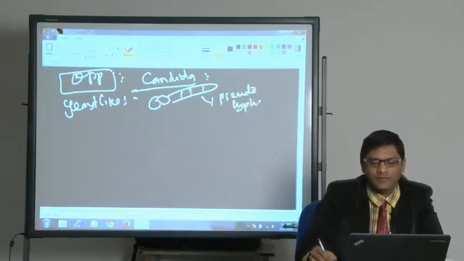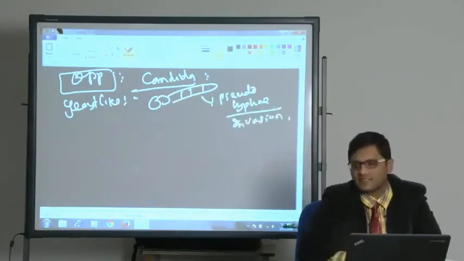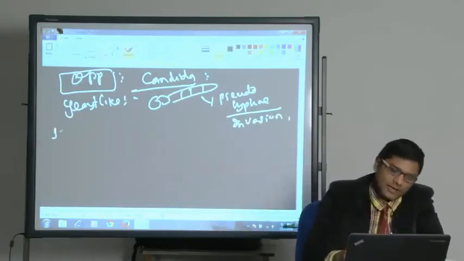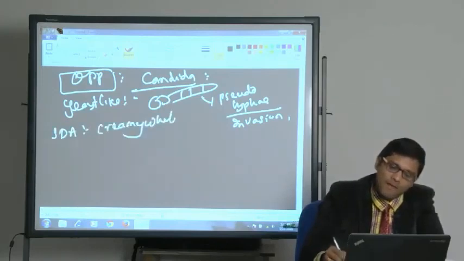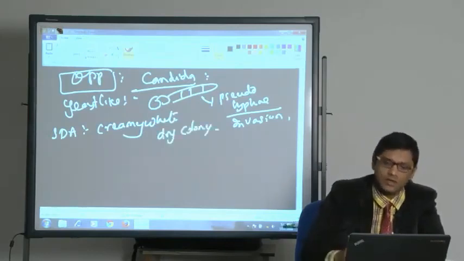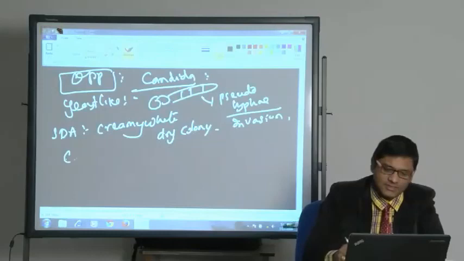Pseudohypha is a virulence factor, a sign of invasion. On SDA, it produces a creamy white dry colony. The most pathogenic species is Candida albicans.